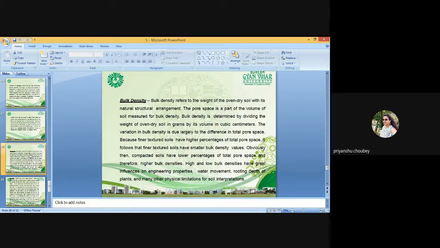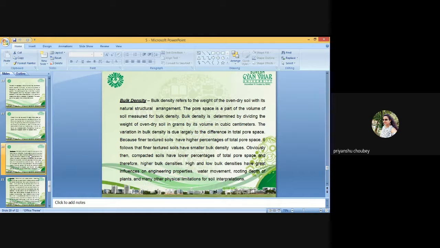It is customary to consider that an average furrow slice of the 1 hectare area of a medium textured soil having a bulk density of around 1.33 megagram per meter cube weighs about 2000 megagram, or 2 into 10 to the power 6 kg.